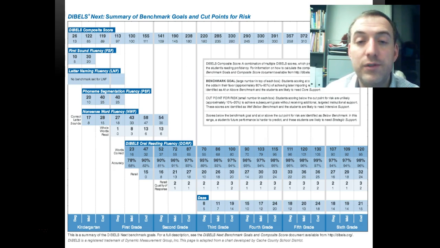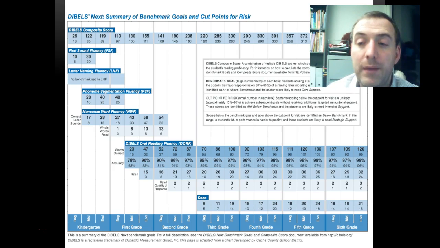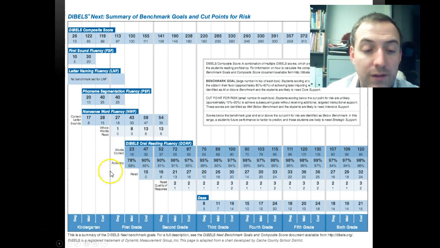Once you have these numbers, you then go to the assessment booklet or the main manual, and in the main manual they have these wonderful graphs that show the different cut points for the at-risk status. The way that you read this diagram is you have two numbers in each row.